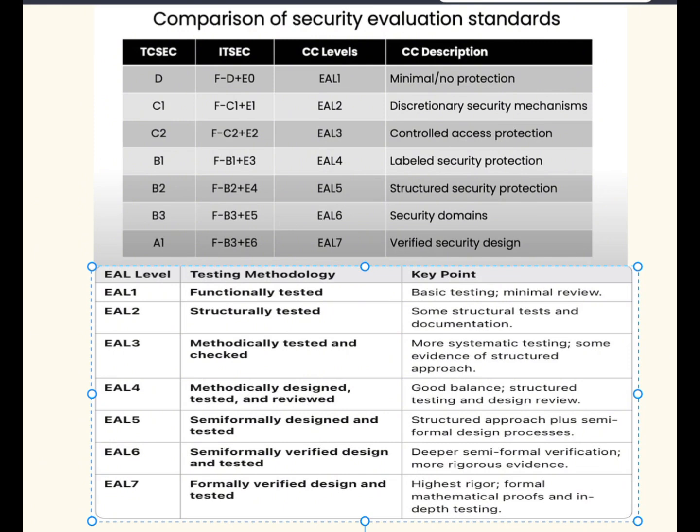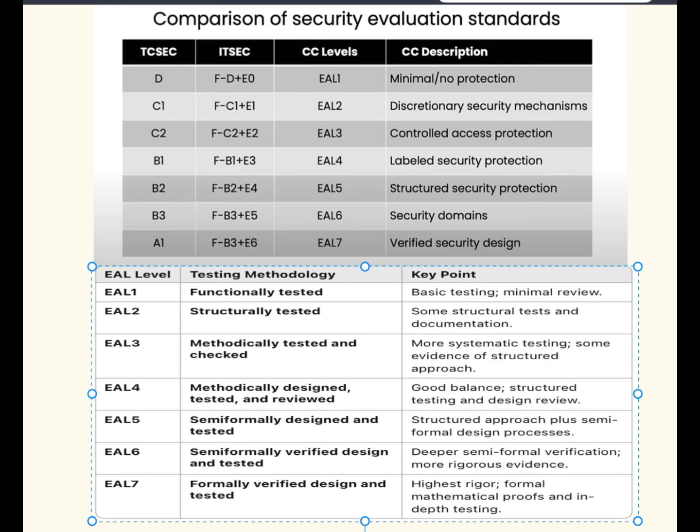So the above slide shows a helpful comparison of security evaluation standards across TCSEC, ITSEC, and CC, so common criteria.